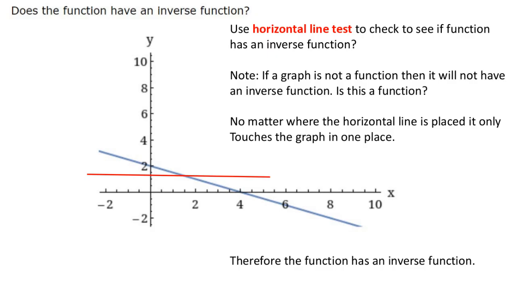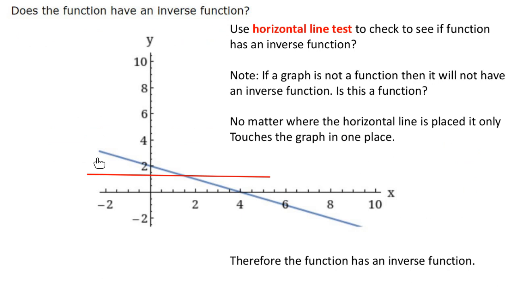All right, let's move forward. Let's do some more math, okay? So let's see. Does the function have an inverse? When you are checking to see if a function has an inverse, just like before, when you checked if a function was a function, you did the vertical line test. Now we can use the horizontal line test to see if a function has an inverse.